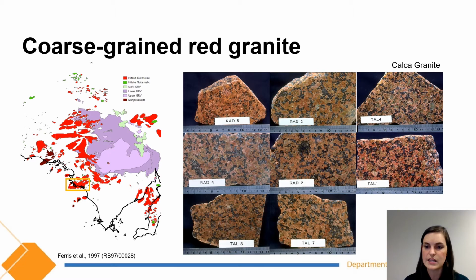This red colour is caused by pervasive alteration of the granite and is commonly associated with areas of known mineralisation, although that is not always the case. The Gawler granite is an example of pervasively altered granite that has no known mineralisation.